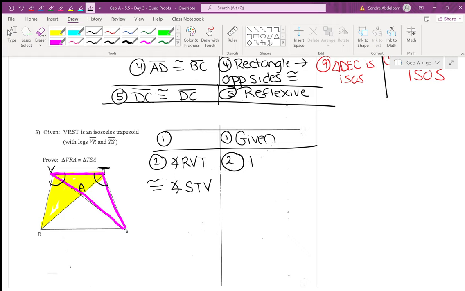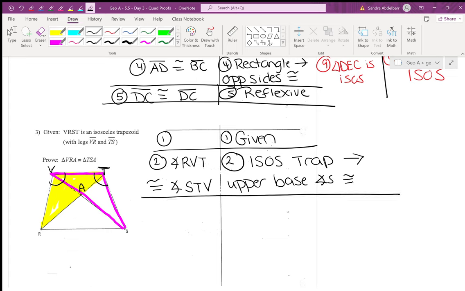And our reason is going to be isotrap, arrow, upper base angles congruent. Okay, so we got an angle.